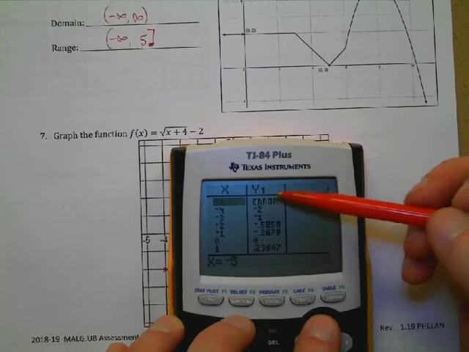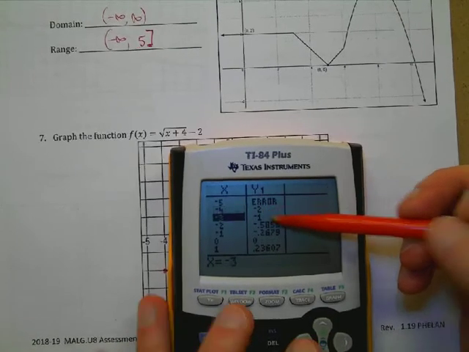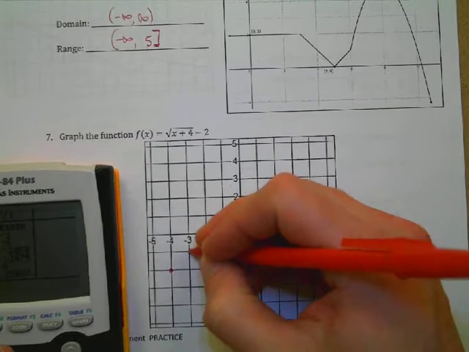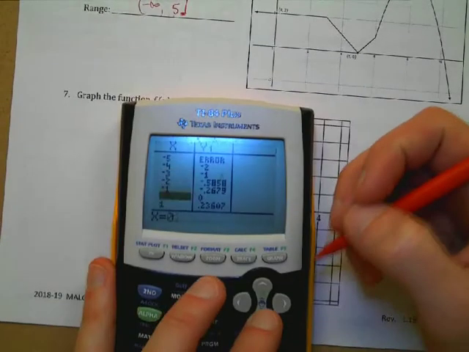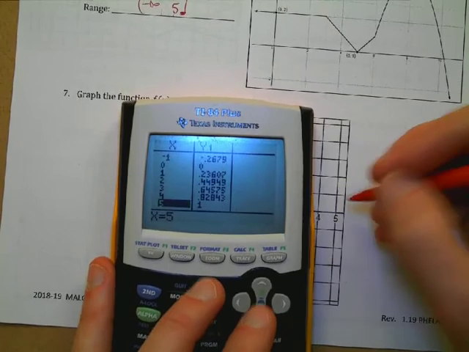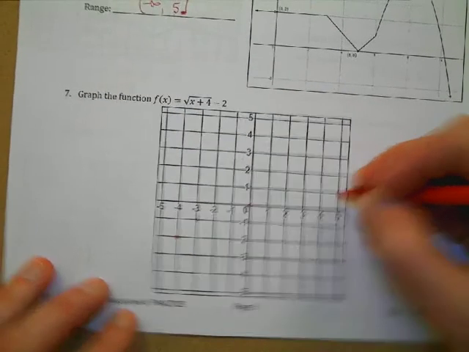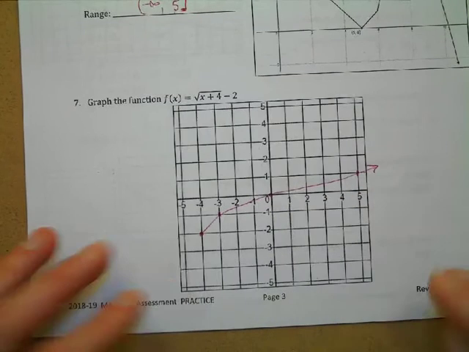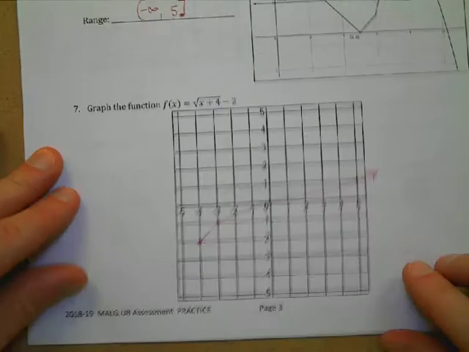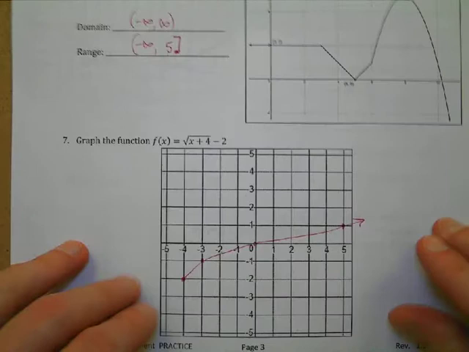So there's my starting point, negative 4, negative 2. I can get negative 3, negative 1 on there. I can also get 0, 0 on there. And I think I can fit one more. Yep, 5, 1. That'll fit too. Okay, so connect the dots. There's our graph. Questions on that? All right, moving on.